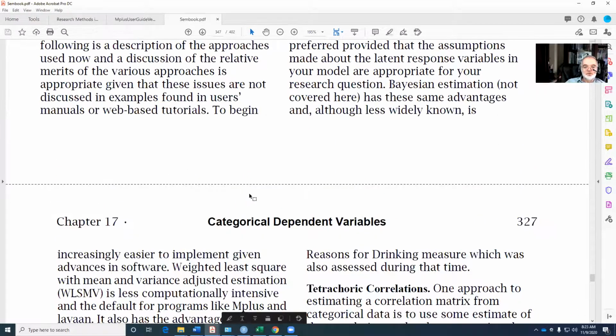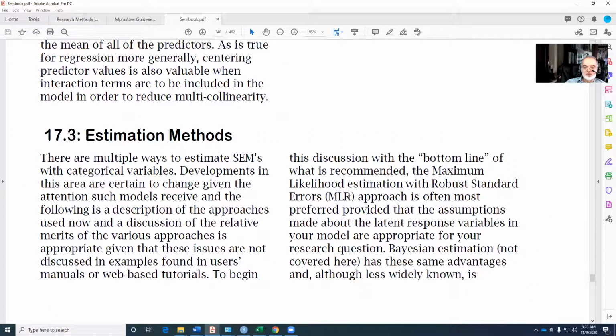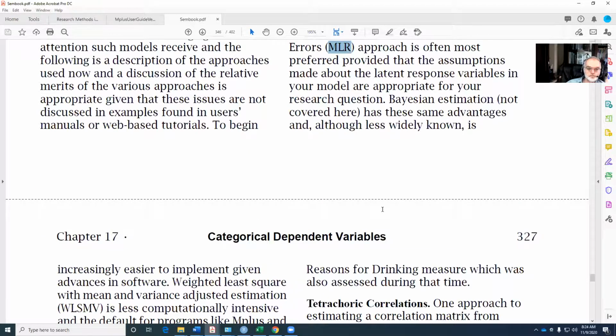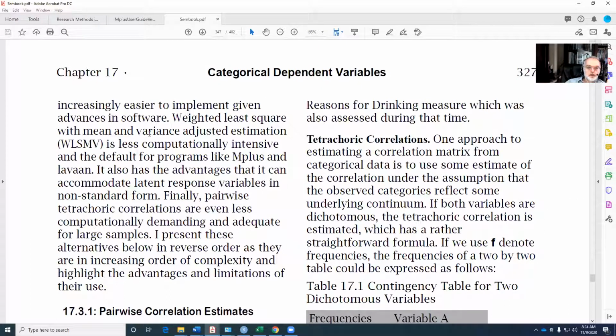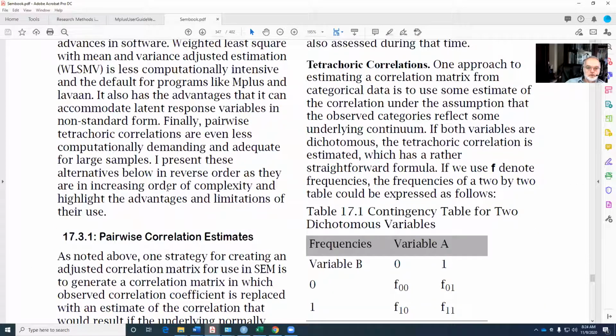When I'm doing MLR, at least in the current iterations of Lavaan and Mplus, I must assume that my latent response variable has a mean of 0 and variance of 1, which is the standard form.